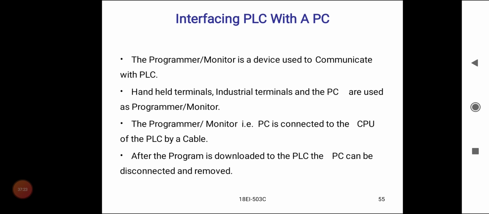After the program is downloaded to the PLC, the PC can be disconnected and removed.